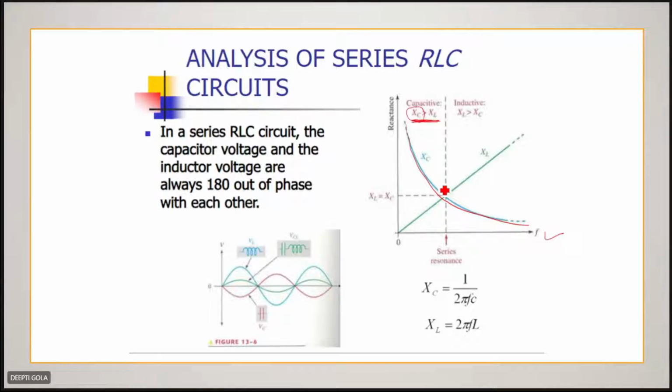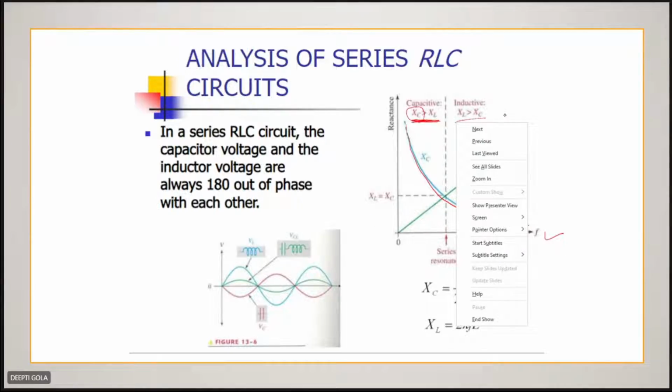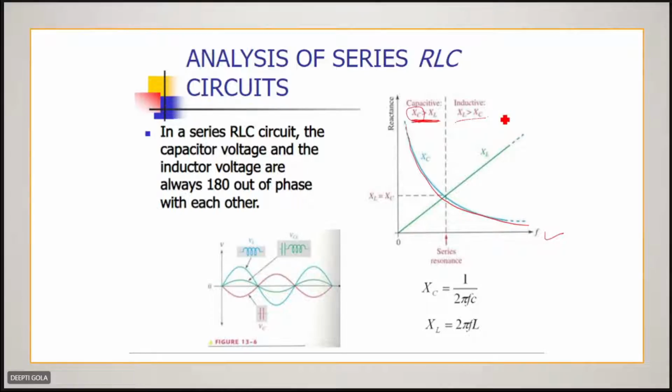And if our inductive reactance is greater than the capacitive reactance, then we will get something like this straight line. And this meeting point of these two reactance graphs, where XL becomes equal to XC, this frequency is the resonant frequency.